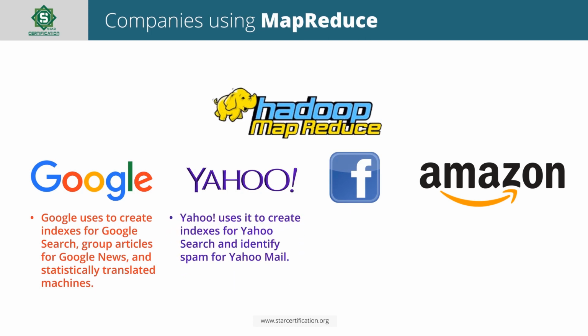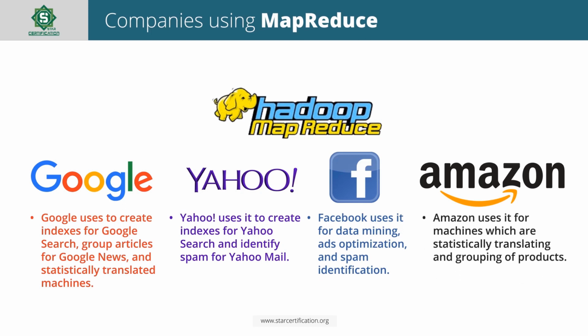Yahoo uses it to create indexes for Yahoo Search and identify spam for Yahoo Mail. Facebook uses it for data mining, ads optimization, and spam identification. Amazon uses it for statistical machine translation and grouping of products.